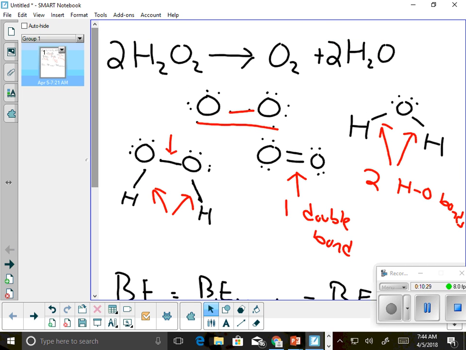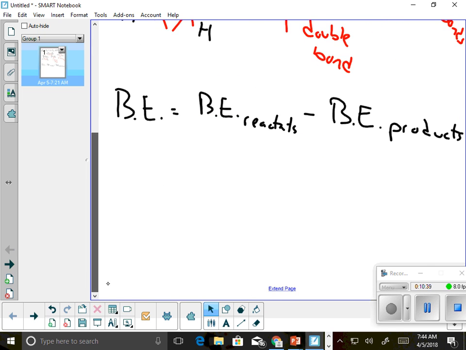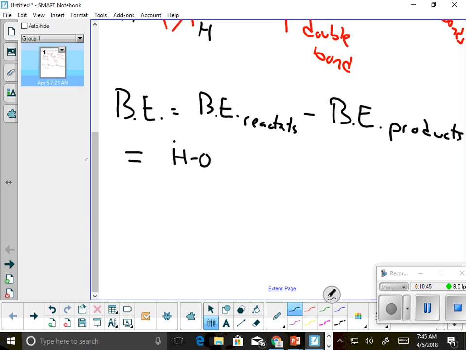There's two hydrogen peroxides on the reactant side. Within the hydrogen peroxide, there are two different types of bonds. There's HO bonds and OO bonds. So my bond energy will equal, I have HO bonds, and I have OO bonds.